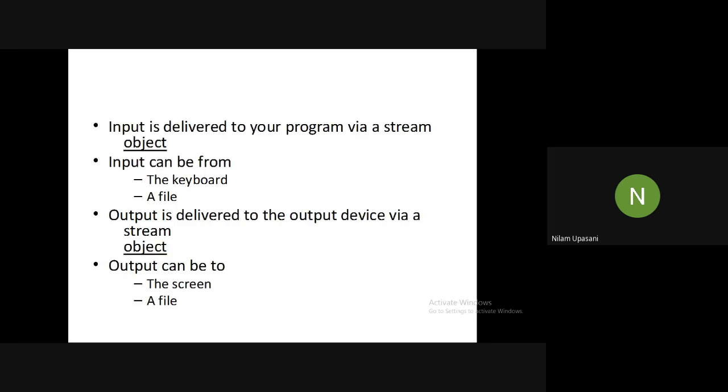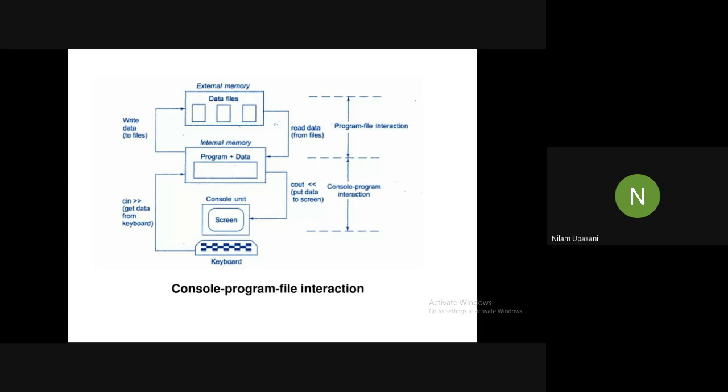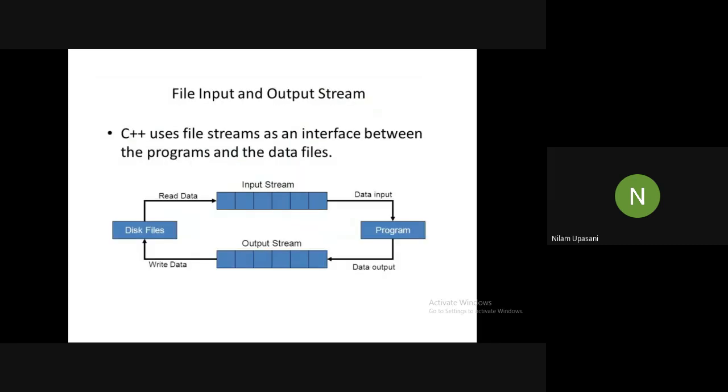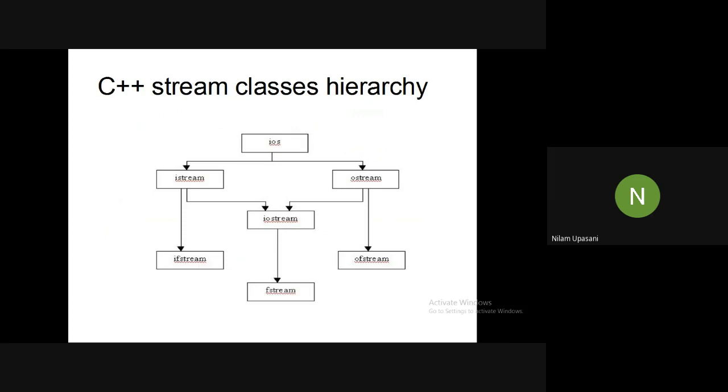So yesterday I explained this diagram, and how it is happening through stream classes. What is the hierarchy of stream classes? We have seen ifstream and ofstream. This one is connected to your keyboard, and this one is with your screen. And ifstream, ofstream, and fstream classes are used for file handling mainly.